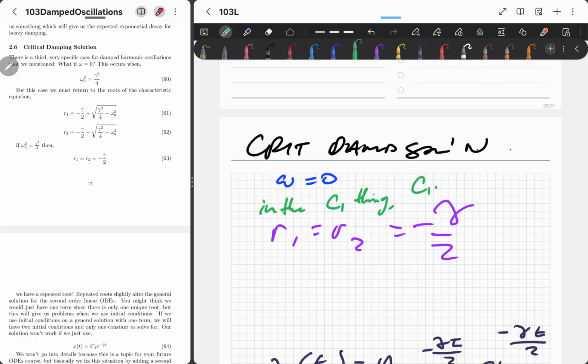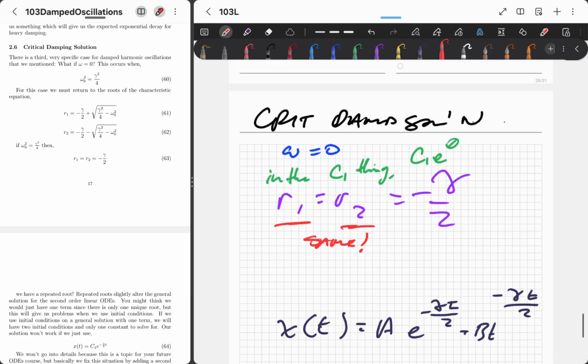This might be a flashback to grade 10 or whenever they do the quadratic formula. We have a repeated root here. So both R1 and R2 are the same value. We're not going to get into why in this course. I mean, the basic idea is because we need two unknown constants. But basically, when you plug in a repeated root, you only have one value for your exponential. So you just have one term.